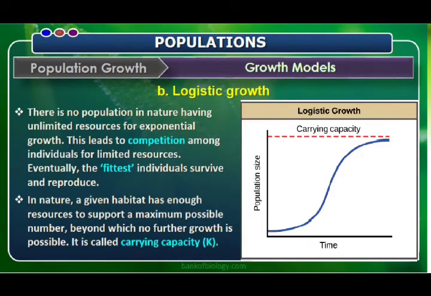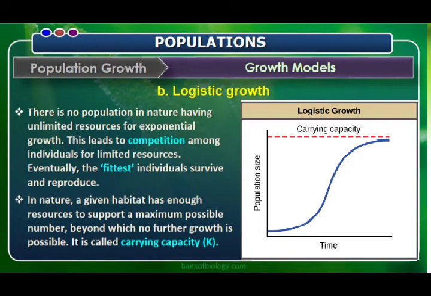Now the second growth is logistic growth. So what do you mean by logistic growth? There is no population in nature having unlimited resources for exponential growth, as we know. This leads to competition among individuals for limited resources. Eventually the fittest individuals survive and reproduce.